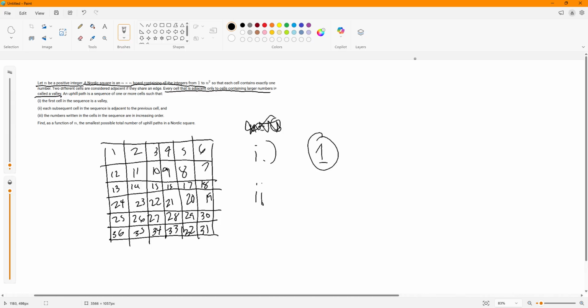Number two, if you want an arithmetic sequence like this, then there's gonna be n squared minus one ways, minus one because of overcount. And third, you could make another uphill path through this.